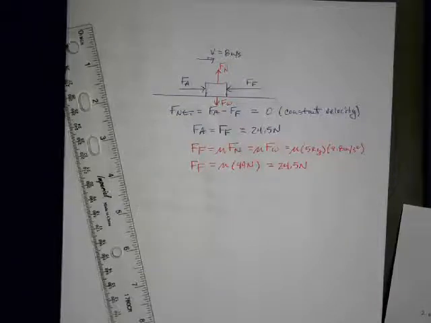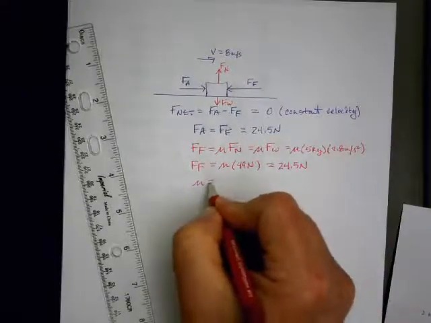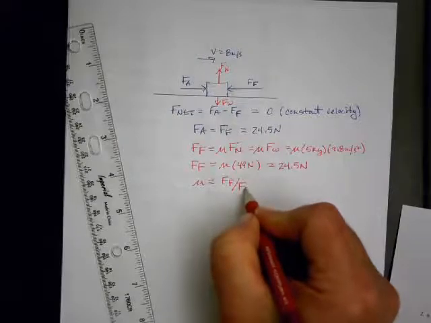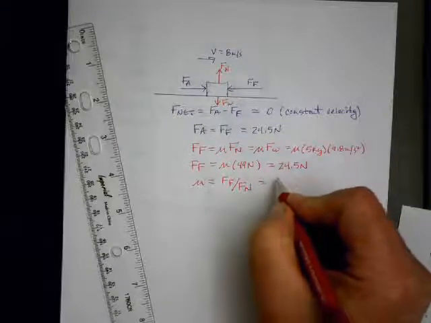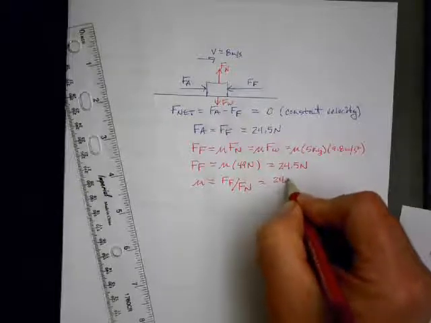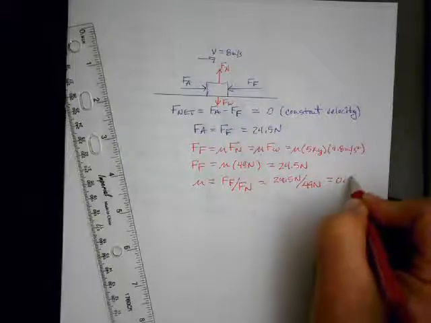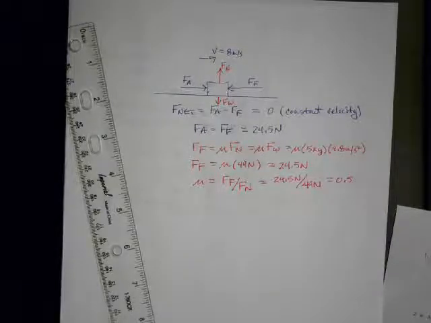So how do I get mu? And again, mu does not have any units. Any questions on this one?